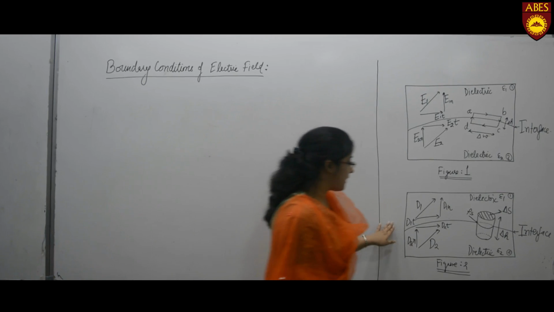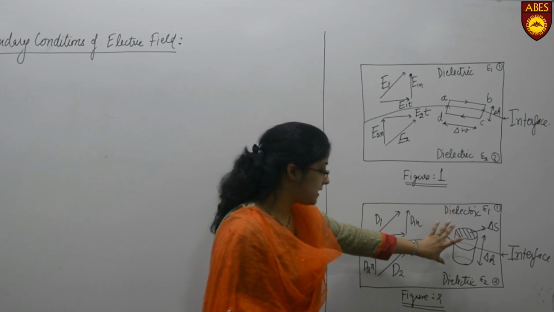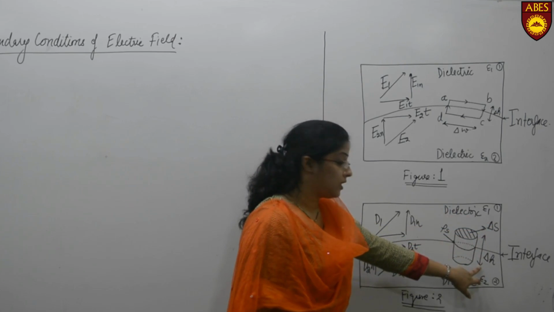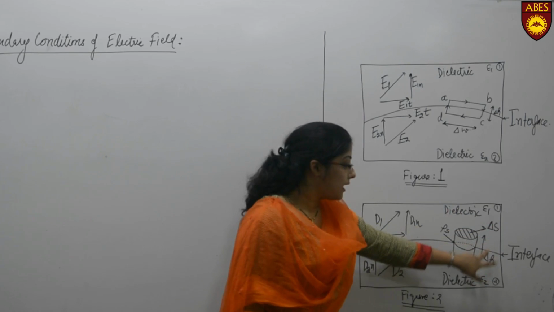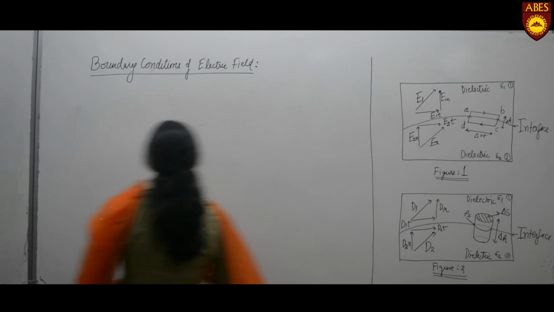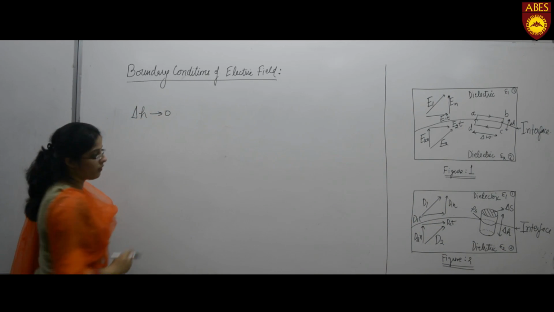In this case, a very small cylindrical Gaussian surface has been taken, which has surface area del S and height del H. Again, the height del H is considered to be very small, so it can be neglected. So I can put del H tends to 0 over here.